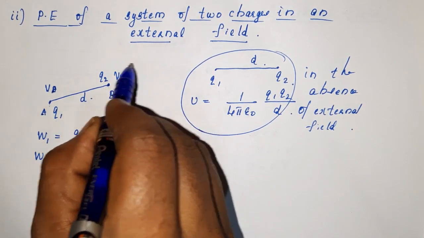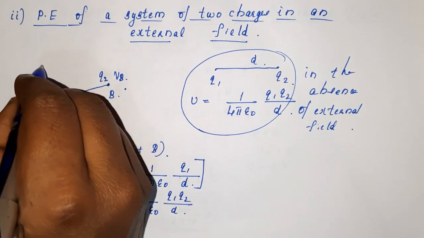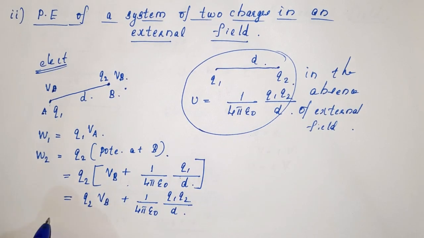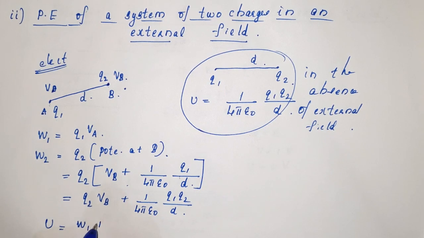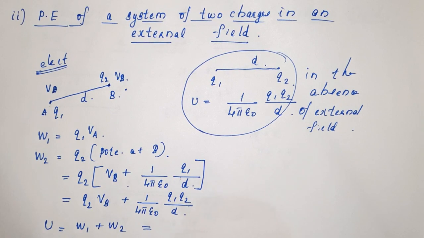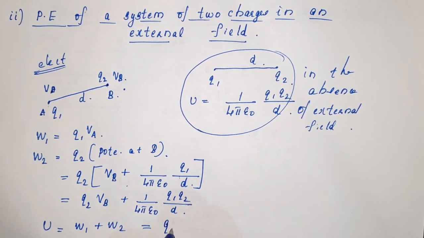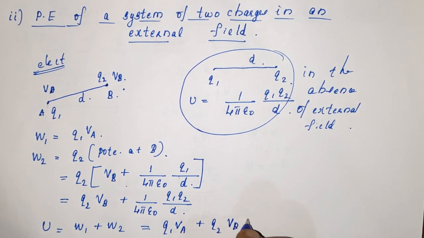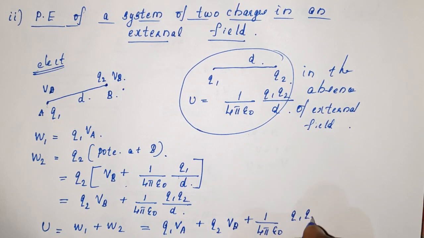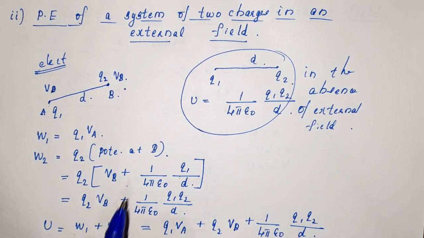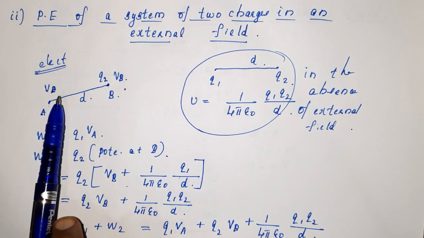So the potential energy of this two charge system in the presence of an electric field becomes W1 plus W2, which is equal to Q1 VA plus Q2 VB plus 1 by 4 pi epsilon 0 Q1 Q2 by D. So this is the expression for potential energy of a two charge system when it is kept in an electric field.